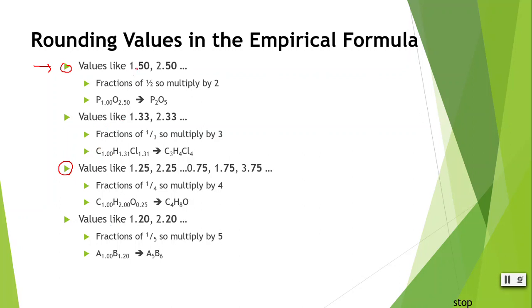So if, after doing the division for the moles, you get something like 1.5 or 2.5, that is not close enough to round, you need to go ahead and multiply that value, in this case by 2, so the fraction will cancel. So let's say, for example, I have an empirical formula after doing my division of P1O2.5. I need to multiply both of my subscripts by 2 to get them to be whole numbers. So the proper empirical formula would be P2O5.